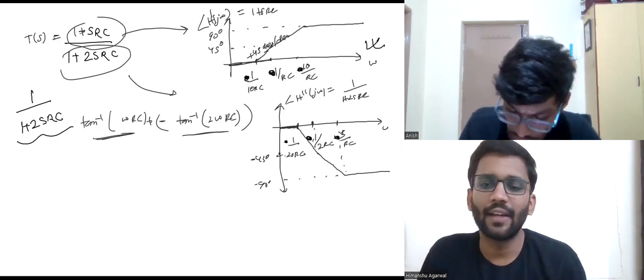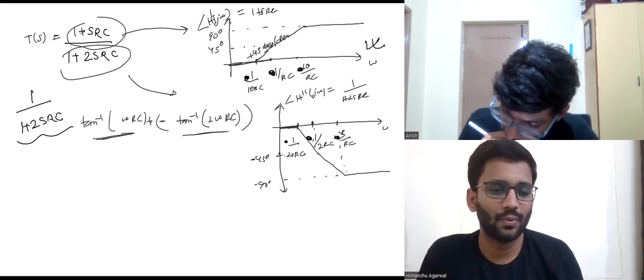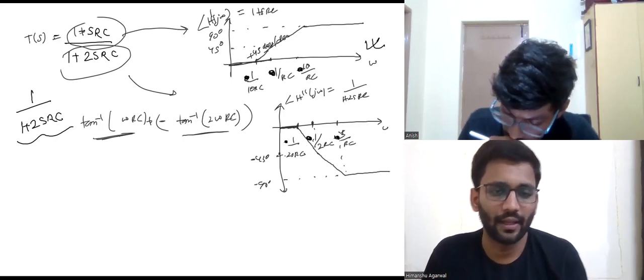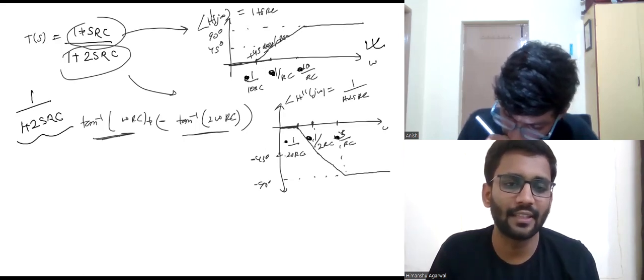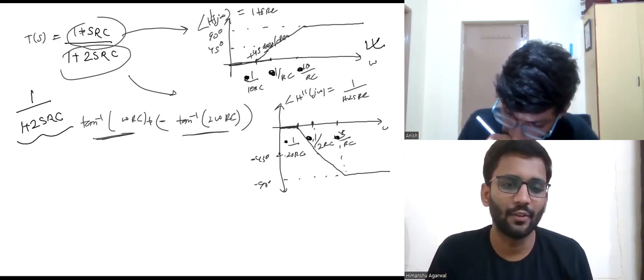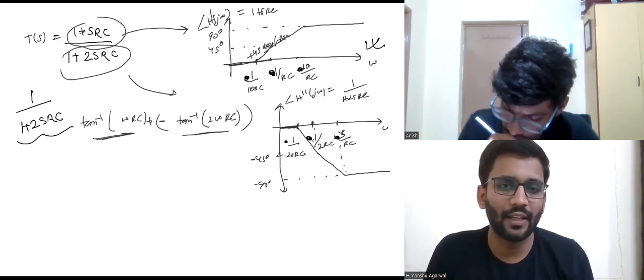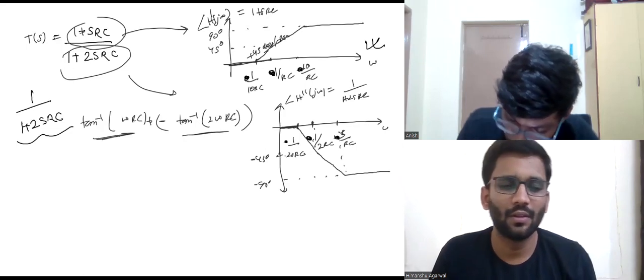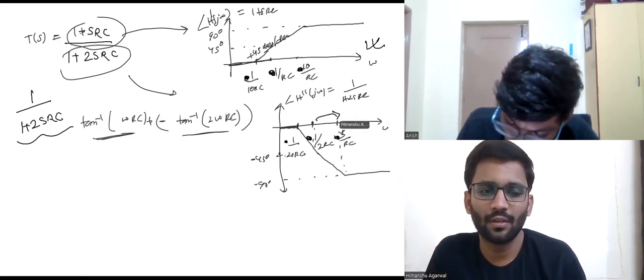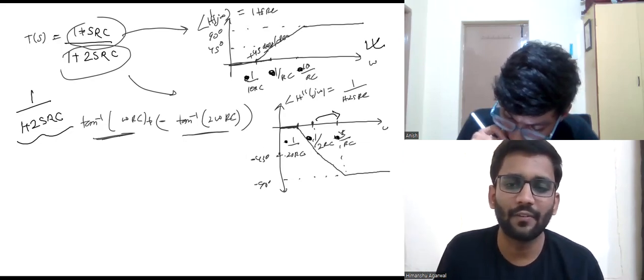Can you explain why you are taking the slope after 10 times that to be 0? Here your angle is minus 45, that is understandable. But after 10 times of that, why are you taking the slope to be 0? Okay, the slope is minus 45 per decade, right? But after 5 by RC, your slope goes to 0, right?